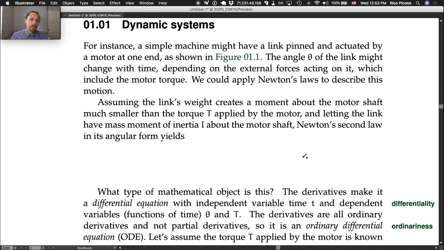Assuming the link's weight creates a moment about the motor shaft much smaller than the torque T applied by the motor, and letting the link have mass moment of inertia I about the motor shaft, Newton's second law in its angular form yields that the torque is equal to I, the mass moment of inertia, times the second derivative of theta with respect to time. Okay?